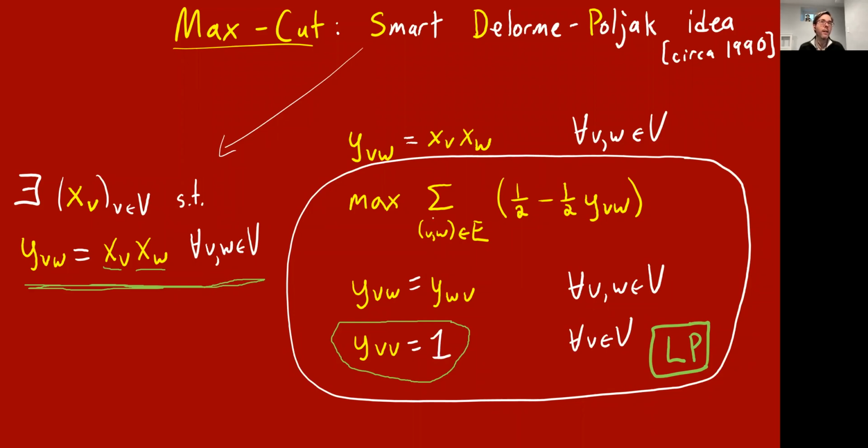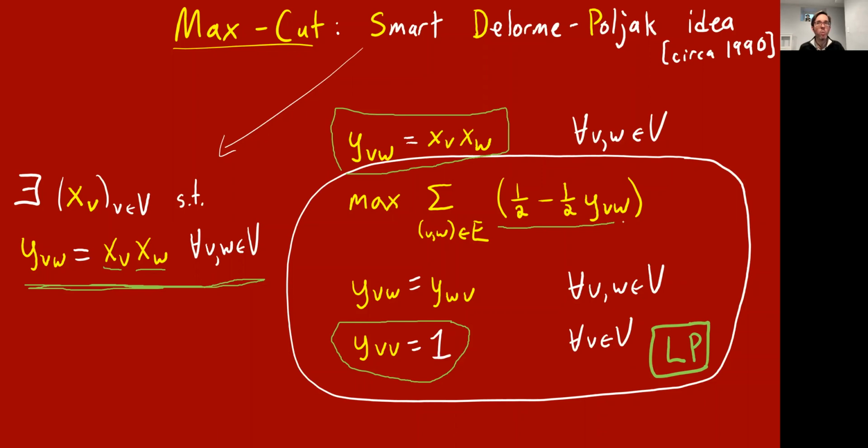And then yvw will just be plus or minus 1, depending on whether xv and xw are the same or not. So the x values now can be thought of as a cut. Let's say all the plus 1 vertices are in the set S, and all the minus 1s are in the complement. Yvw is plus 1 if the edge vw is not cut, and it's minus 1 if it is cut.